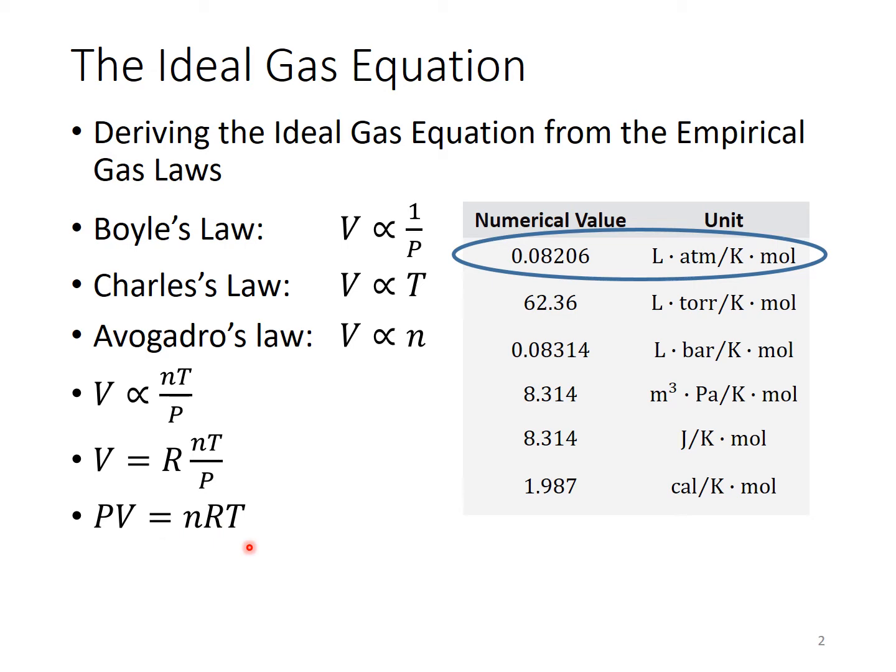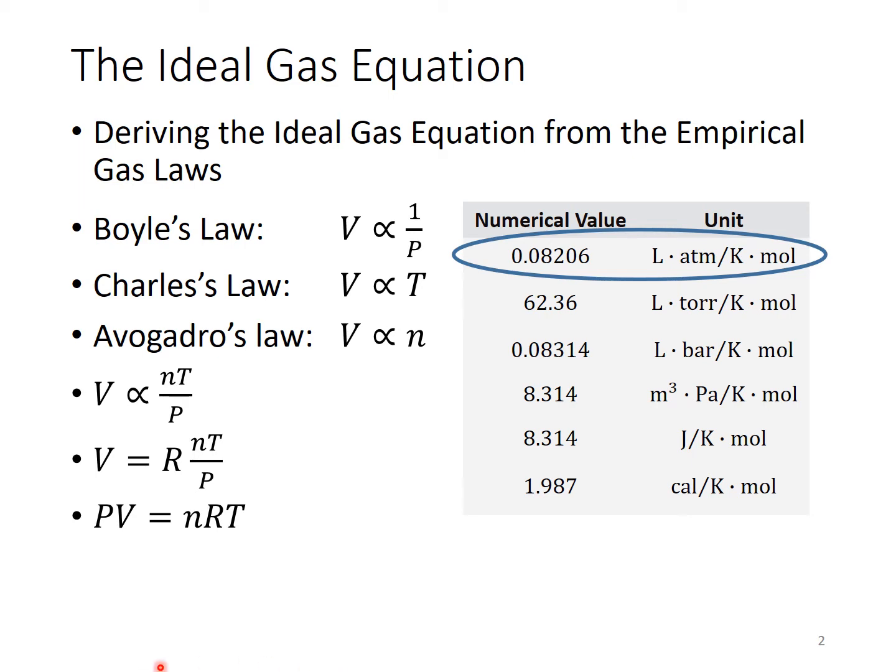What's really nice about PV equals nRT is if you know three of the four variables associated with a gas, you can always solve for the fourth. So let's say you know pressure, volume, and number of moles. Well, you could find out what temperature that's at, right? One equation, one unknown is solvable.